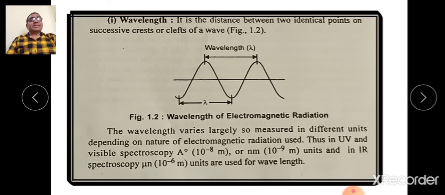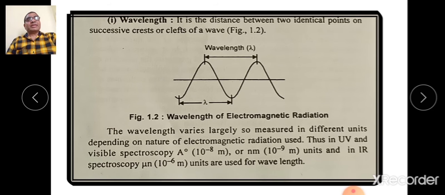The wavelength is the distance between two identical points on the successive crest. I am showing what is a wavelength. These are the two identical points on the crest. The wavelength varies largely, and therefore for measurement different units are used depending upon the radiation used.